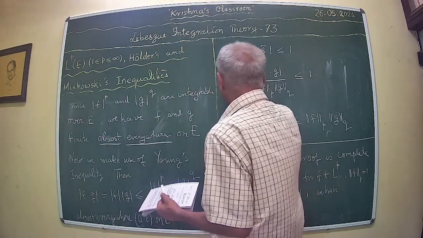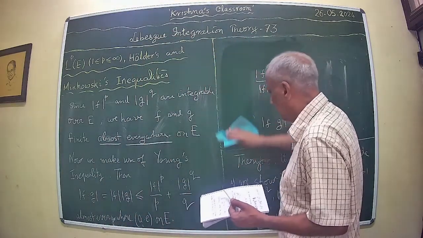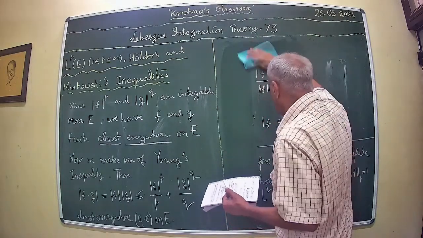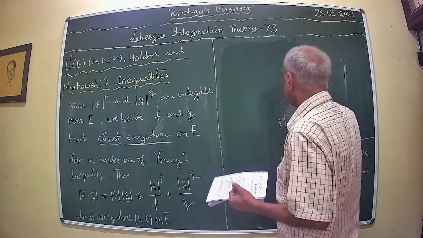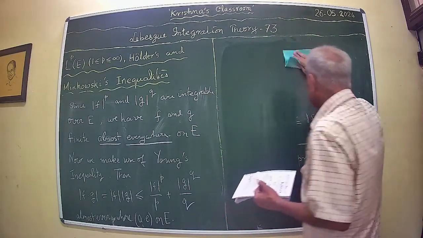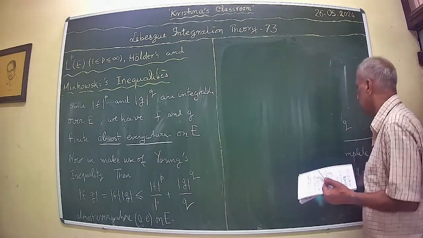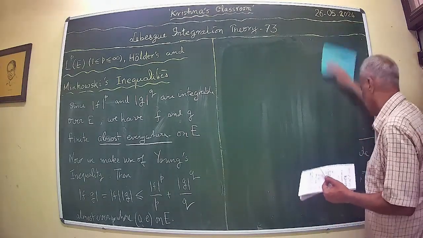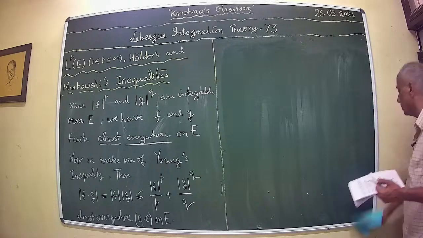We ignore the points where they are not finite. You don't have to consider them because such a set of points is of measure 0, therefore it doesn't affect the integral.